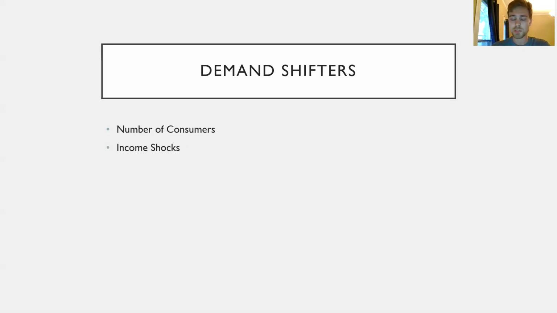Income shocks. For normal goods, if incomes rise, that will increase the quantity people want of that good. So that'll be an increase in demand. If it's an inferior good, the opposite will be true. Tastes and preferences. If for some reason people decide they like a certain good more all of a sudden, that will increase demand. The opposite will be true if they decide they dislike a good all of a sudden.